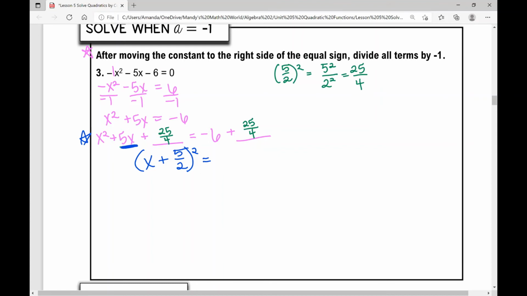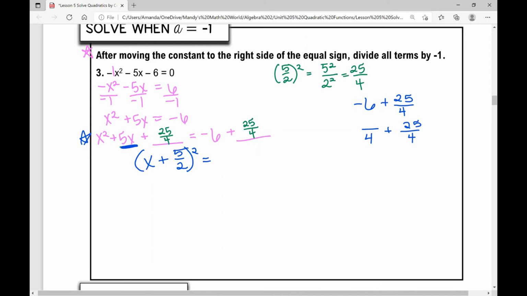So now let's move on to the right side of our equal sign. Negative 6 plus 25 over 4. Okay, I've got an integer and a fraction. I need to get a common denominator. That denominator is going to be 4. Don't have to change this fraction on the right. What's my numerator going to be on the fraction on the left? Well, if my denominator is 4, I multiply it.